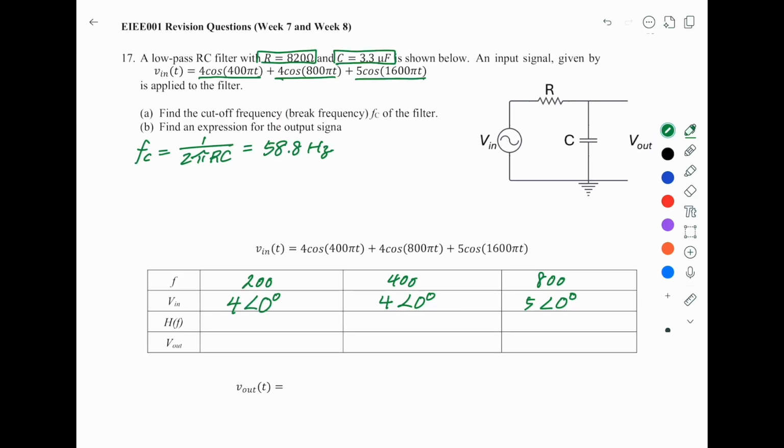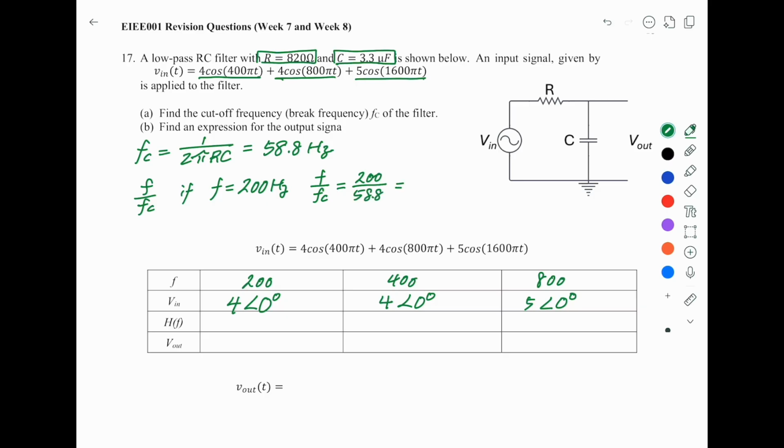To calculate the transfer function, this time we have to find the frequency over the cutoff frequency. For example, if f is equal to 200 Hertz, f over fc will equal 200 over 58.8.